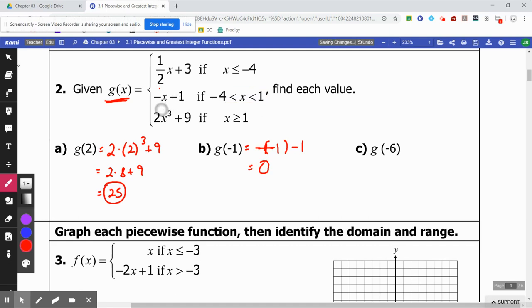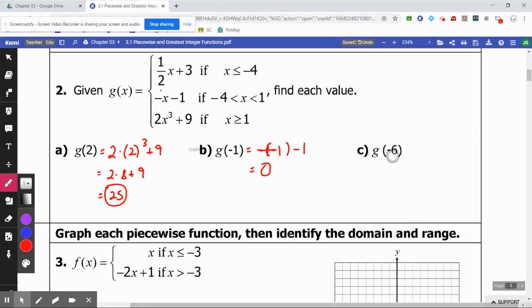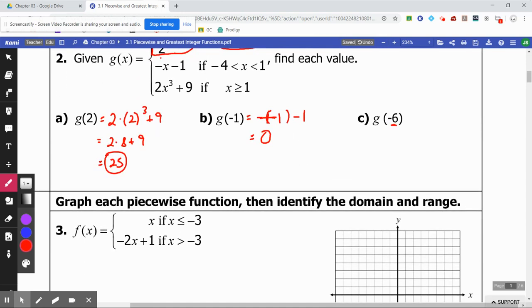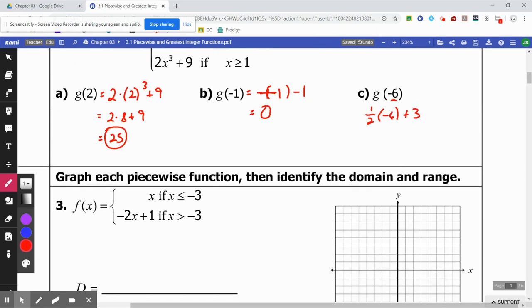We ask ourselves first off, to plug in -6, where is -6? We know that negative 6 is less than or equal to negative 4, so we're going to plug it into this part. So we're going to do 1/2 x plus 3. Half of negative 6 would be negative 3 plus 3, which would be 0.